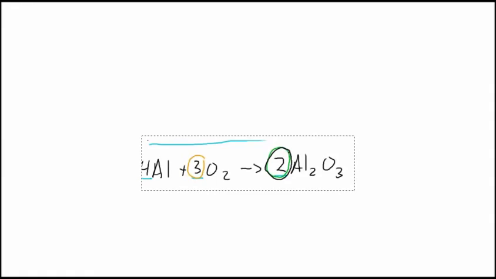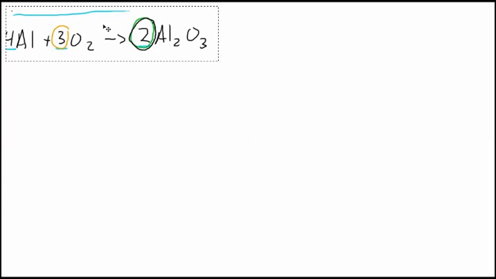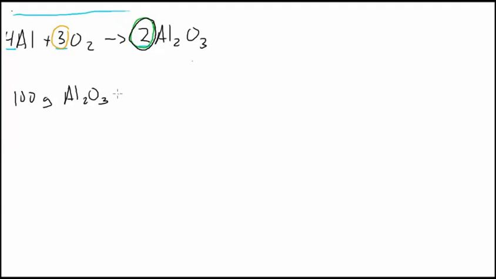So basically, it would look like this. For this one, let's kind of switch it around a little bit, and we'll give you a reactant amount. So let's say we needed to make 100 grams of aluminum oxide, and we wanted to know how many grams of aluminum were required to make that much.